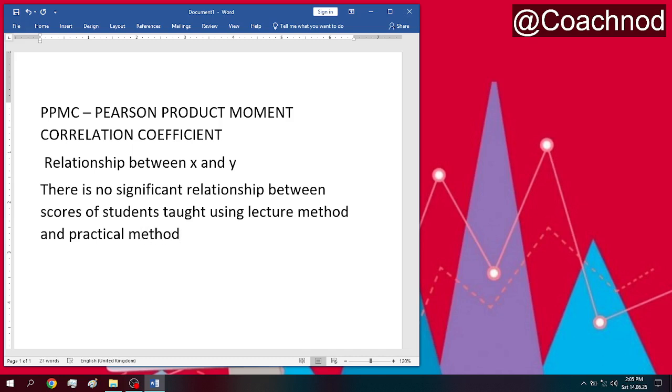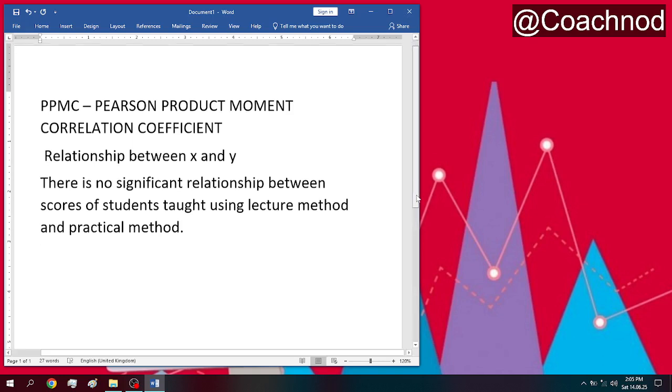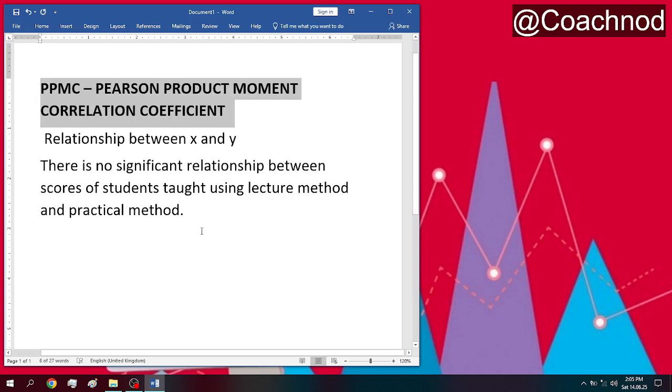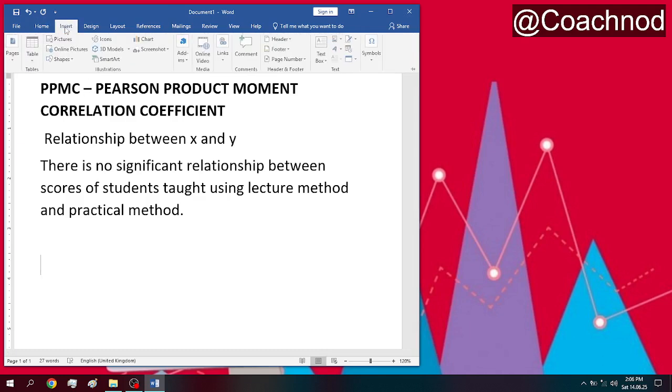So let's take an example. We want to look at these two. So we conduct a test. After we conduct the test, we give them lecture. Different students. So after that, we now get the scores.